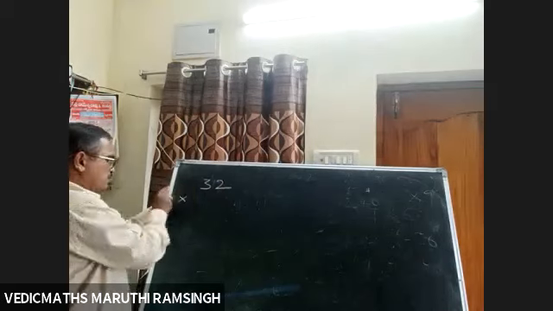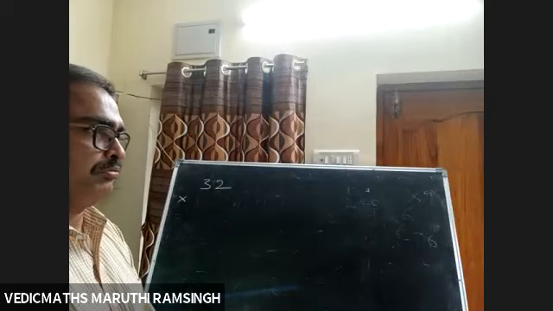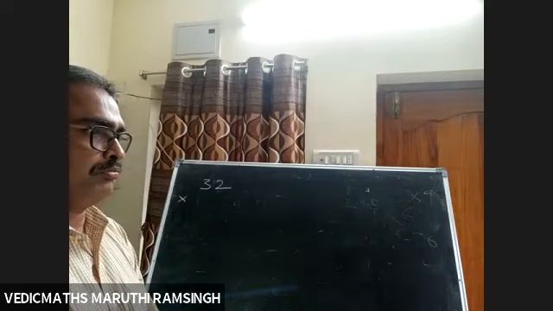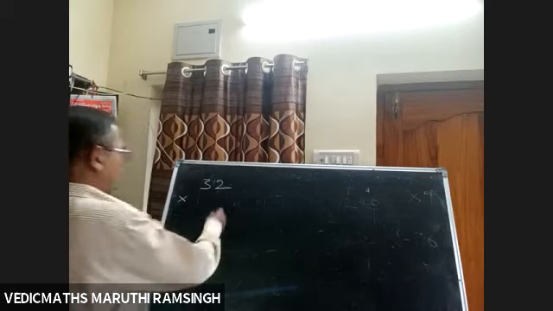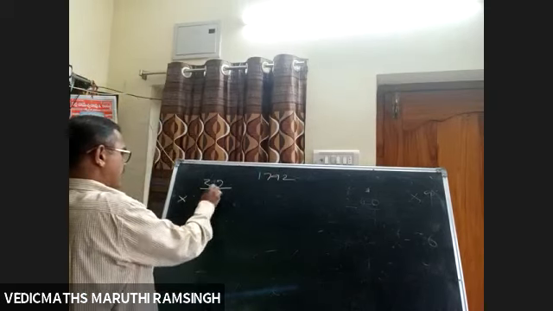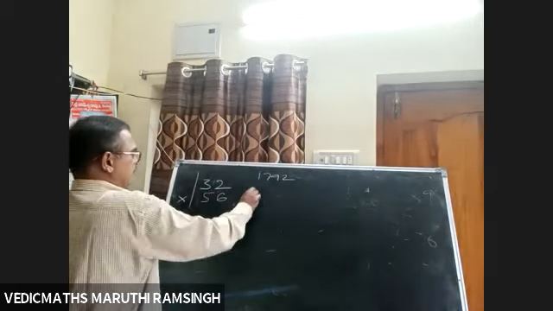32 into double-digit number 56. 1792. Left side vertical, 3 5s are 15.